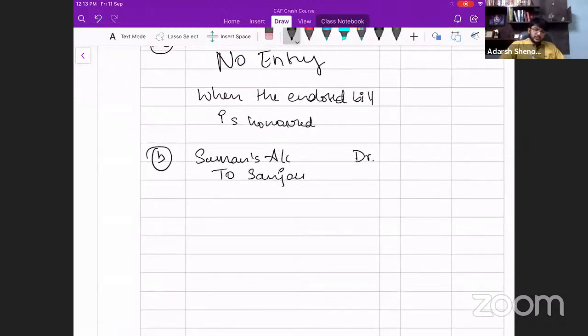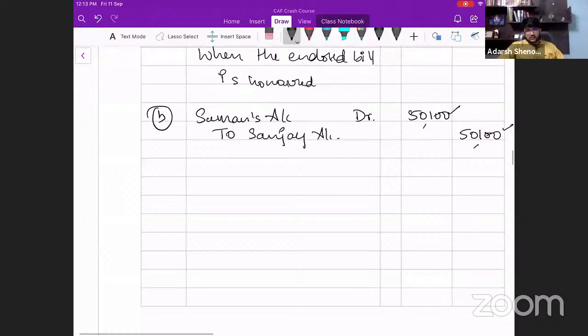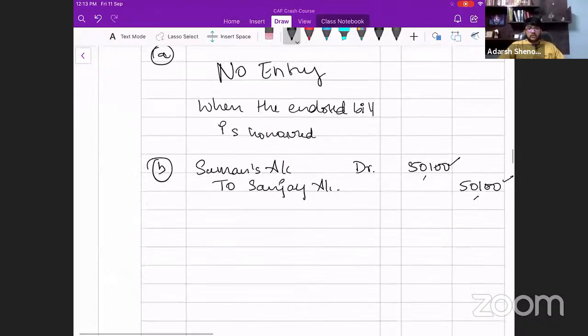Sanjay is a creditor, a liability, so Sanjay's account is credited. 50,100 is the right I have over Suman, and 50,100 is the liability towards Sanjay. So I will recover 50,100 from Suman and I have to pay Sanjay 50,100 rupees. Did you understand this? Yes.